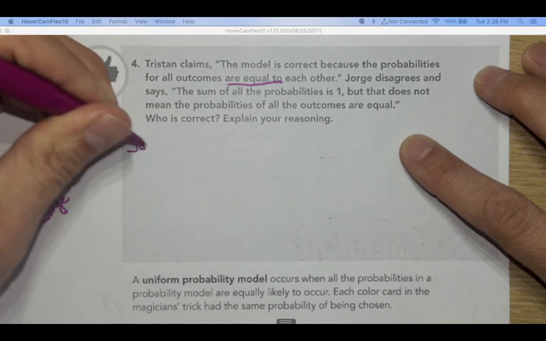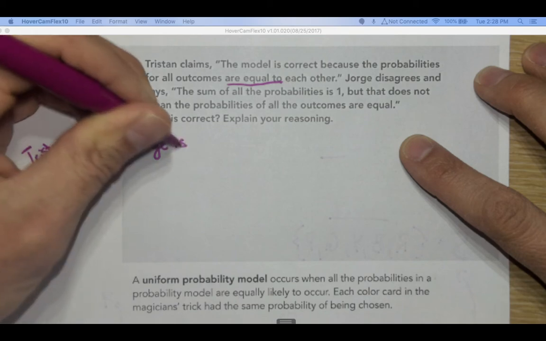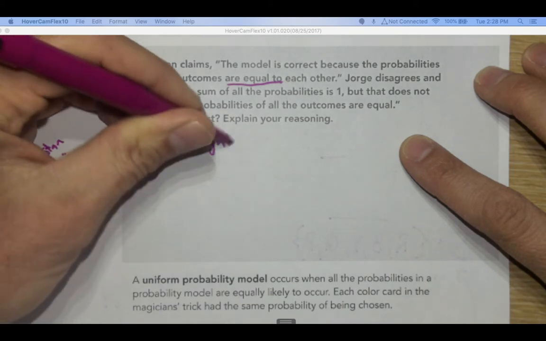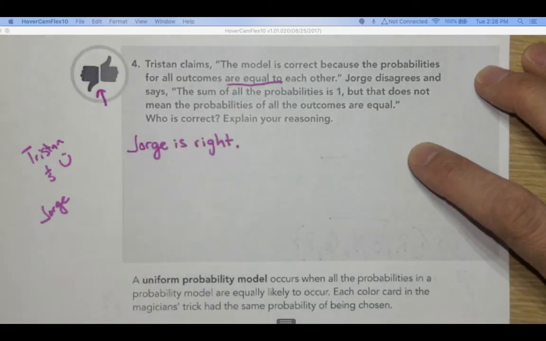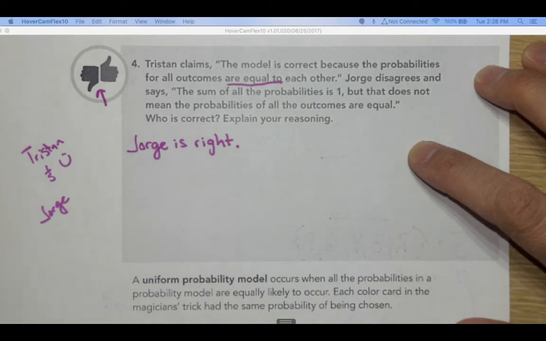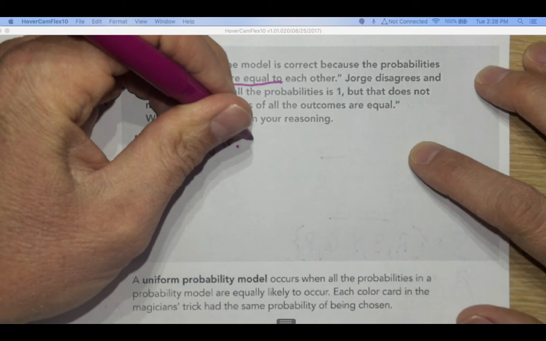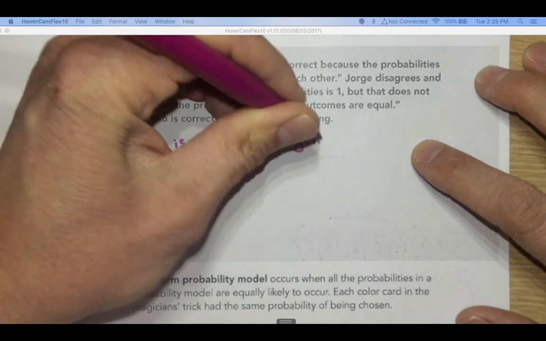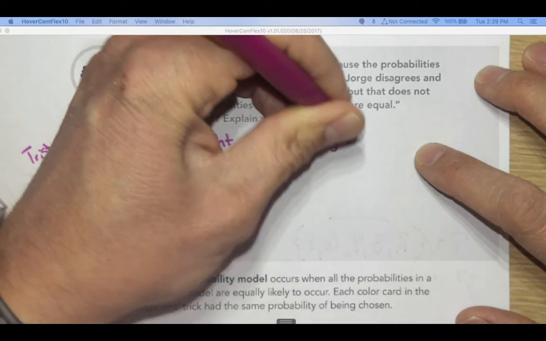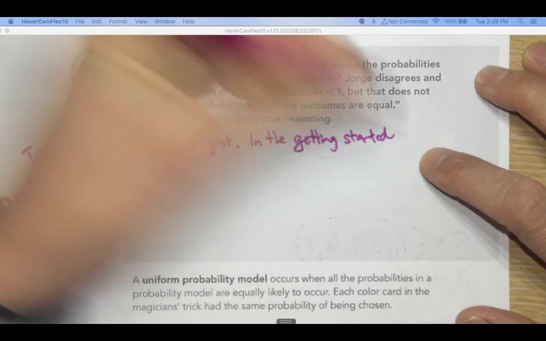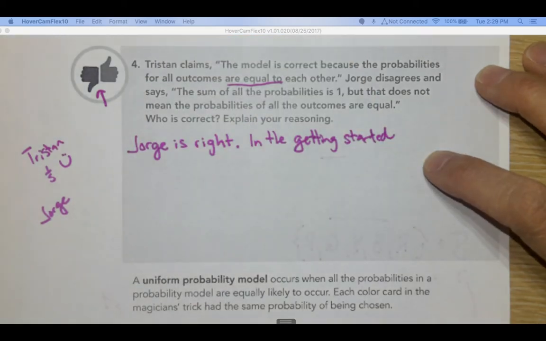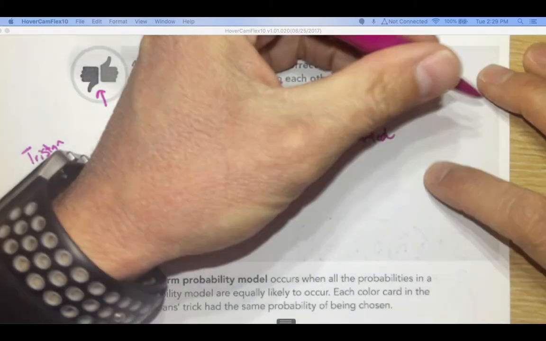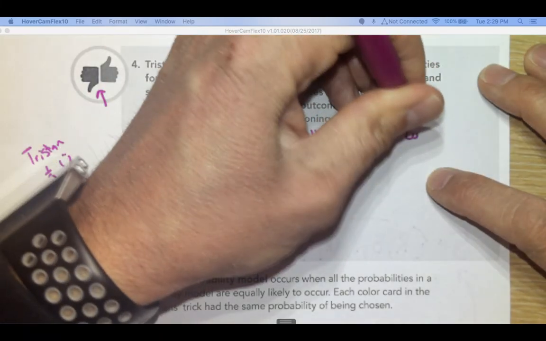Jorge is right. For me, I'm thinking of the pocket probabilities in the getting started intro, the coin problem.